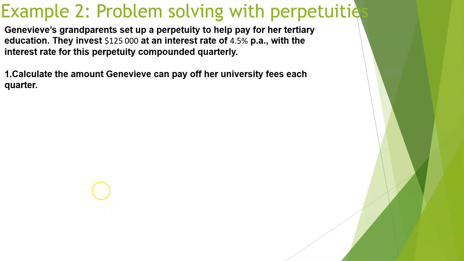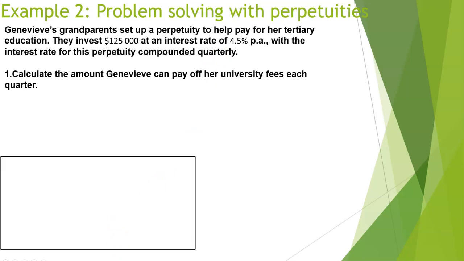Calculate the amount of money that Genevieve can pay off her university fees. Our investment amount is going to be $125,000. Our interest rate is 4.5%, but we need to change this to a decimal and divide it by 4 because there are 4 compounding periods in a year.